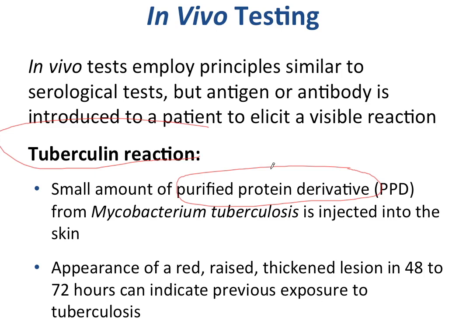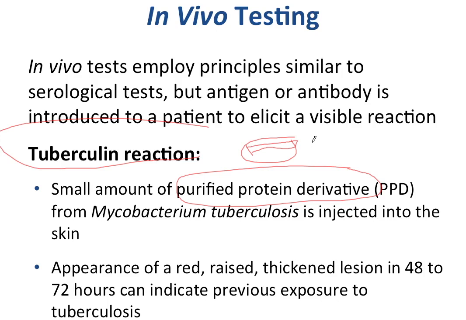So this is one protein fragment of tuberculosis, which carries antigen information of the tuberculosis. Then the nurse can inject this protein fragment into the patient's skin.